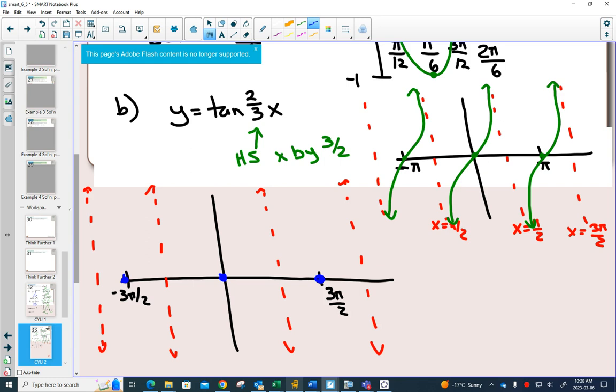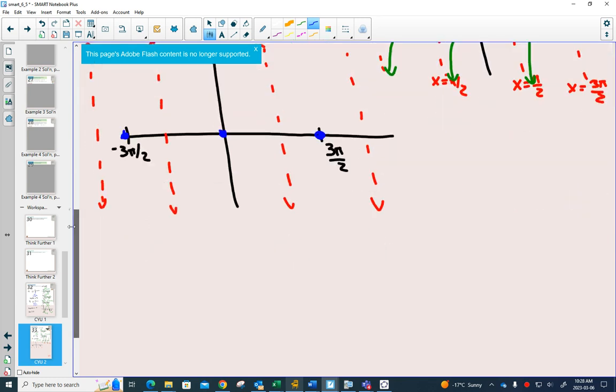Your asymptotes, if this asymptote was at x equals π/2, and I multiplied it by 3/2, it's going to become 3π/4. And this one, negative 3π/4. This one was at 3π/2. If I multiply 3π/2 by 3/2, I'll get 9π/4. And on this side, negative 9π/4.